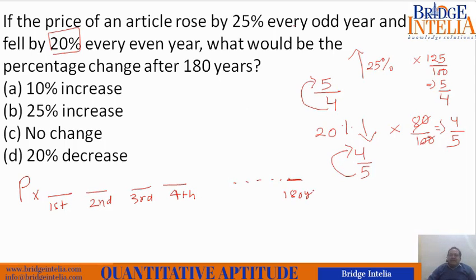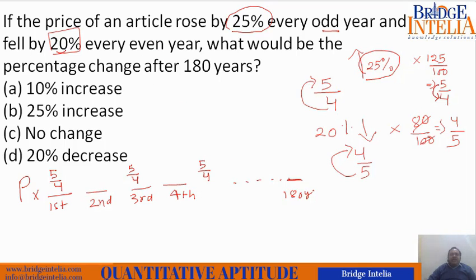What happens every odd year? Odd means 1, 3, 5, 7, 9, these kind of years. So every odd year, price increases by 25%. So increasing by 25% means you multiply the initial value by 5 by 4. So in these years, you would be multiplying by 5 by 4.